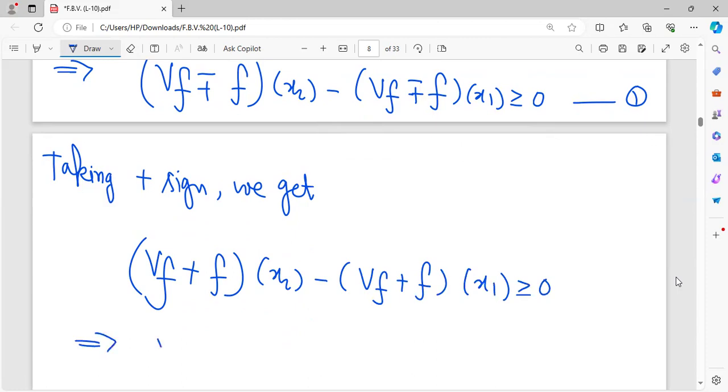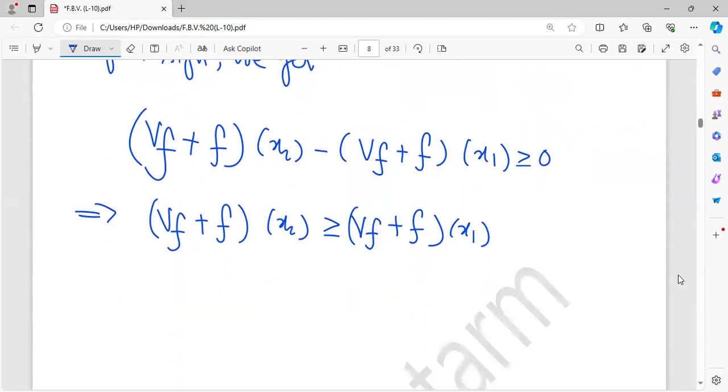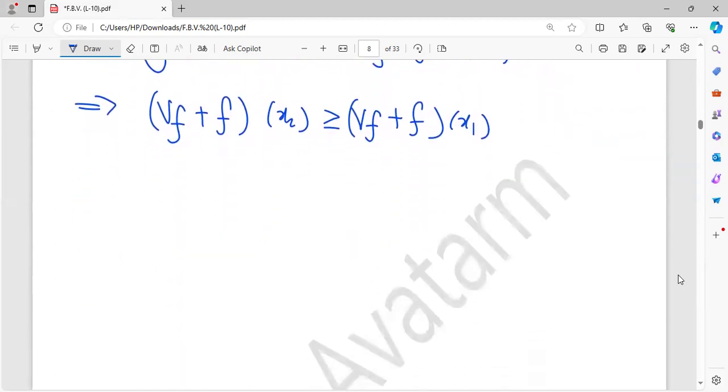This implies V_f plus f at x2 is greater than or equal to V_f plus f at x1, for x1, x2 belonging to [a, b] such that x2 is greater than x1.